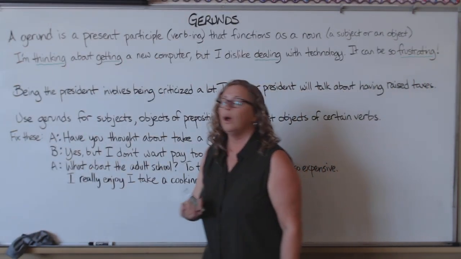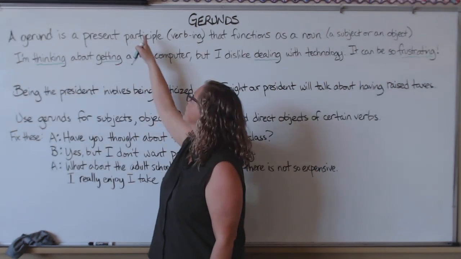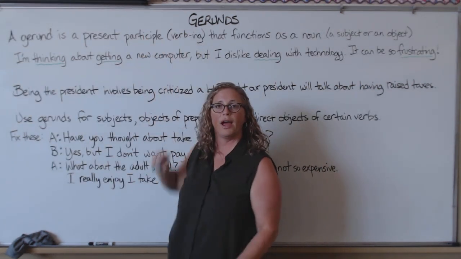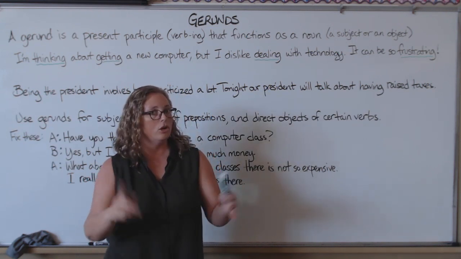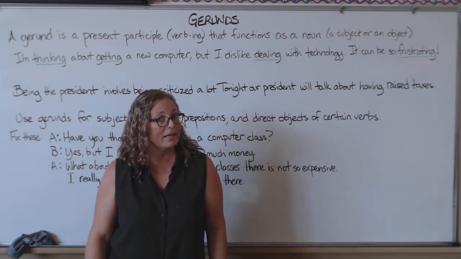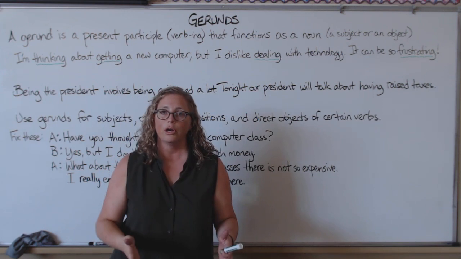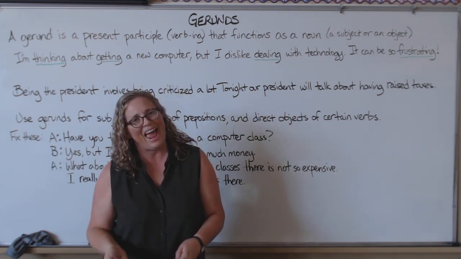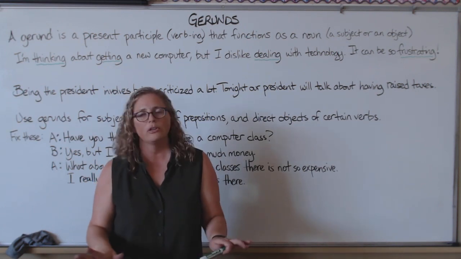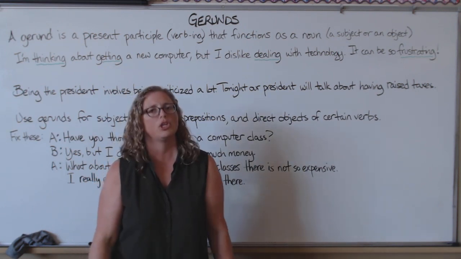These 4 are present participles. They're verbs with ing. Are all of them gerunds? Not necessarily. You have to look and find out if it is functioning as a noun. If it's not functioning as a noun, it's not a gerund.